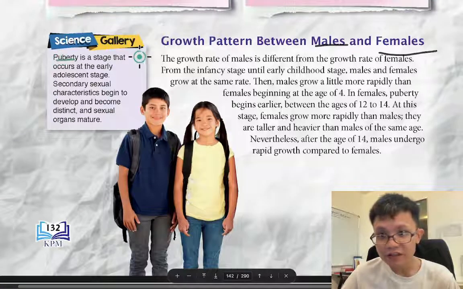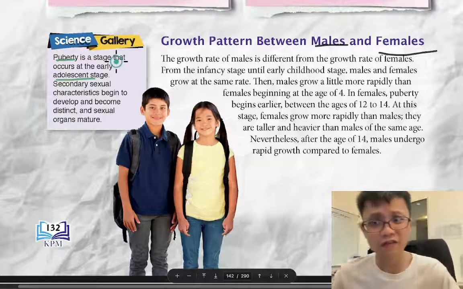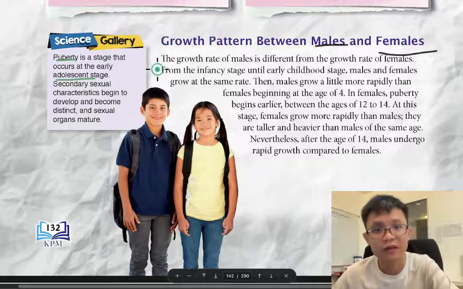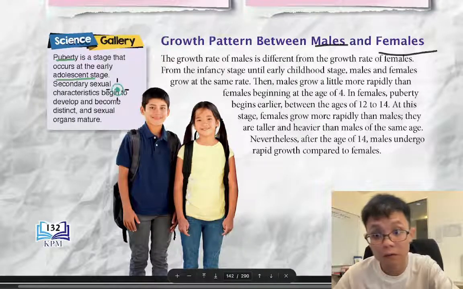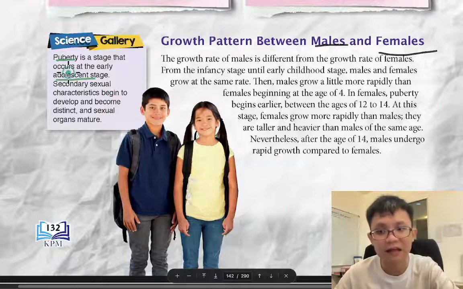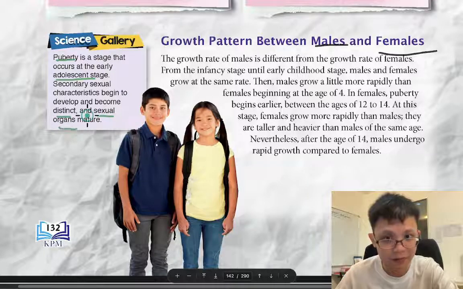Puberty hits in the early adolescence. For guys I think it's usually 14 years old to hit puberty, and for female it will be usually around 12 onwards. Then you will start to develop distinct characteristics like sexual organs.